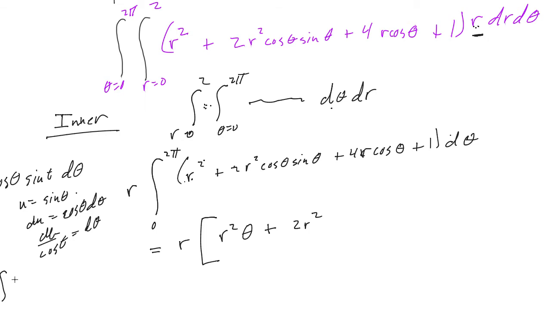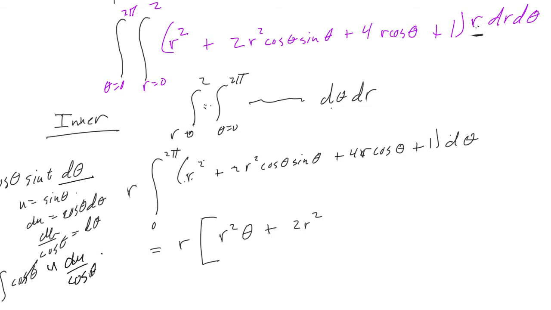Then we have cosine theta sine theta, which is u, and d theta is du over cosine.